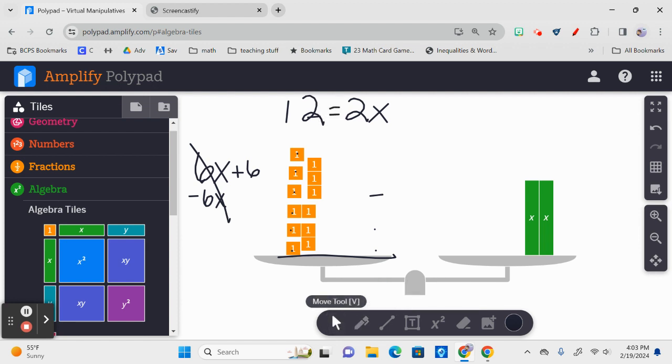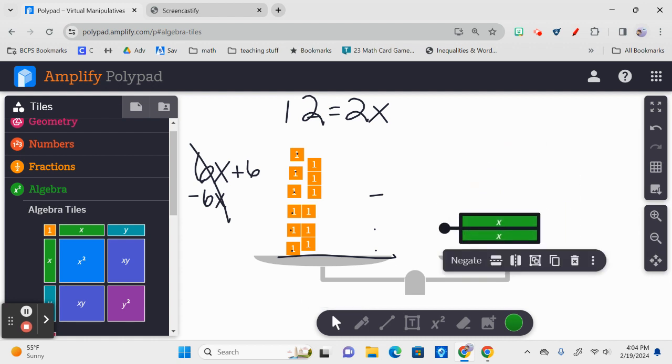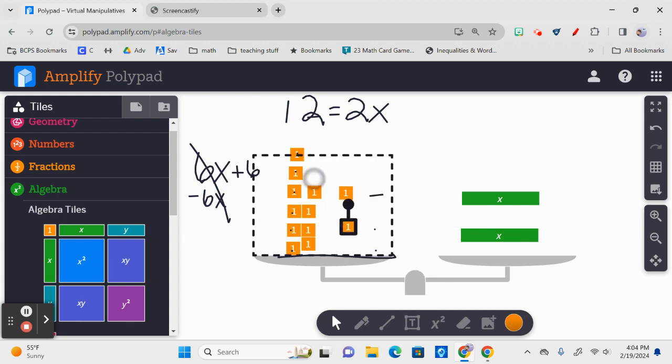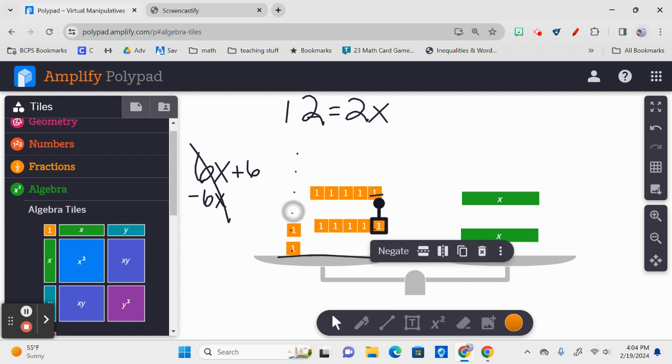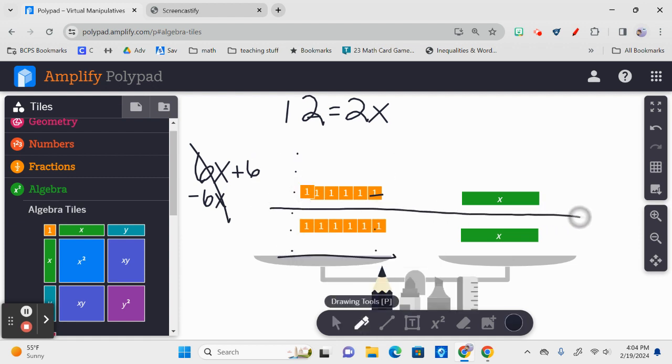Okay, now I need to split them up. Most of you are probably thinking, hey, Corby, this is a one-step equation. I can just split them. Yes, you can. So I'm going to divide all my x's into 2 equal groups. So when you do that, you can see, oh, hey, 1x must be equal to 6.